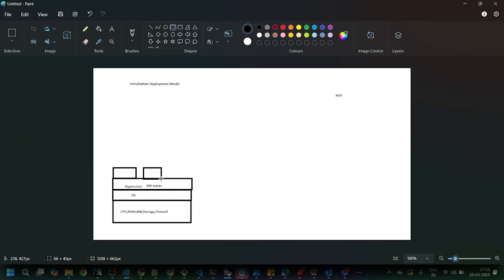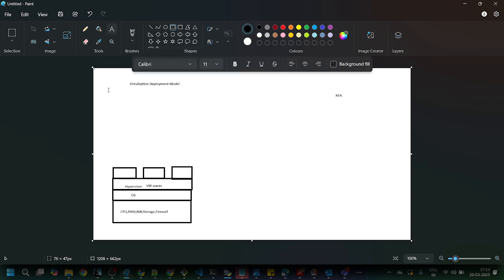You can deploy as many guest OSs as you want. Here GOS means guest OS.